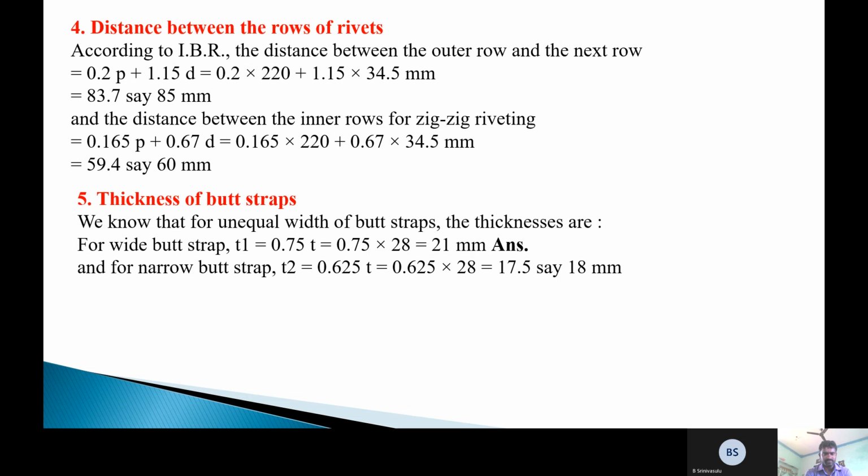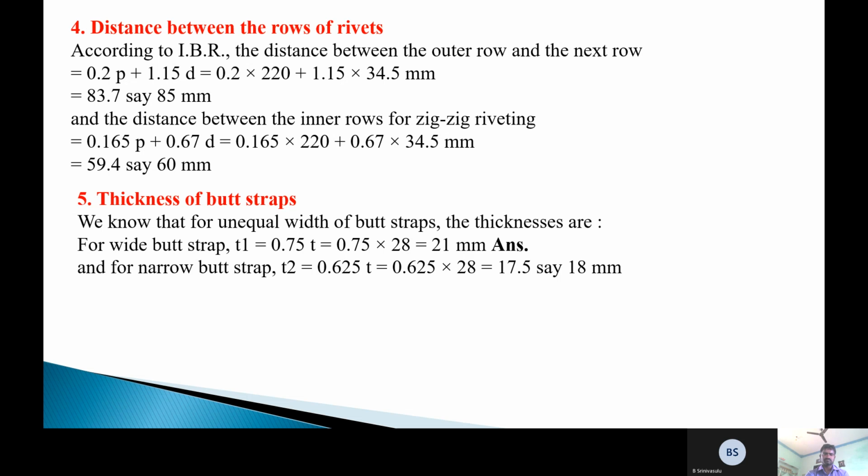Now next point, thickness of the butt strap T1. T1 equal to 0.75 T equal to 0.75 into 20, equal to 21. These values are taken from the data book.